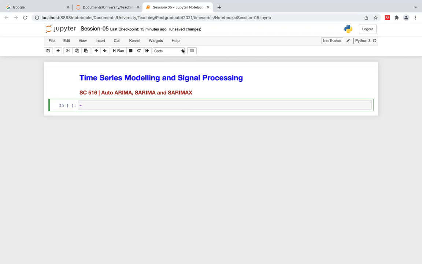In this lecture we will discuss AutoArima, and then SARIMA with the seasonal component, as well as the implementation of SARIMA with SARIMAX.